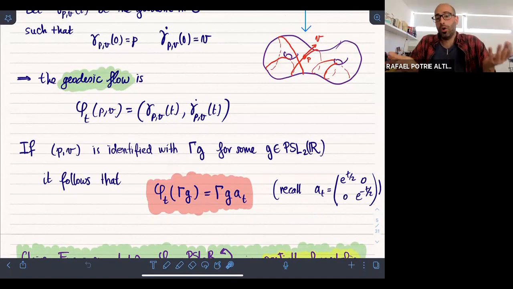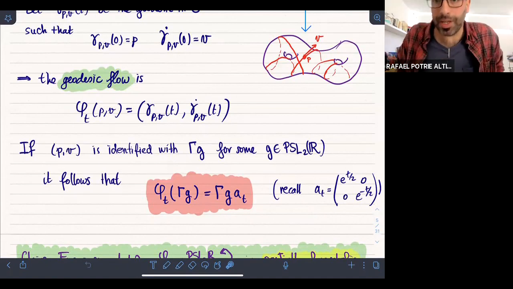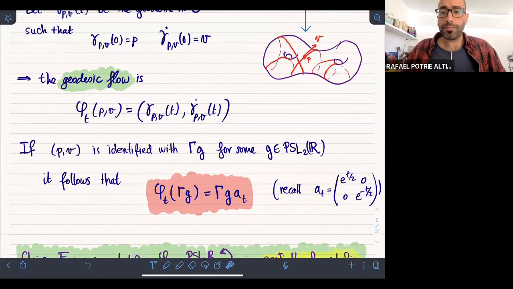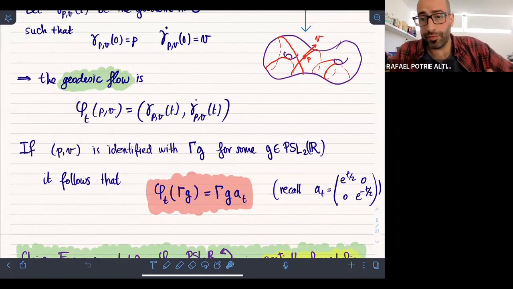And so now we have a flow, a dynamical system on the unit tangent bundle of a surface. And now we have a compact manifold.